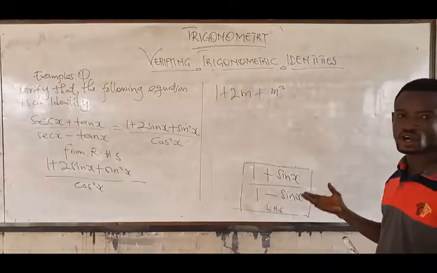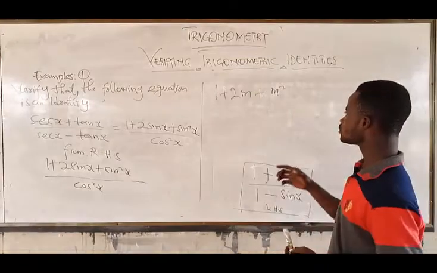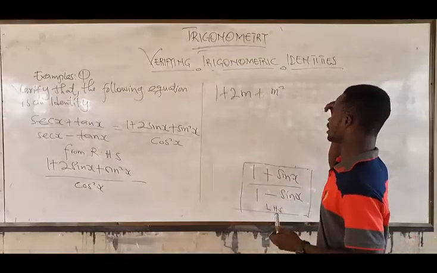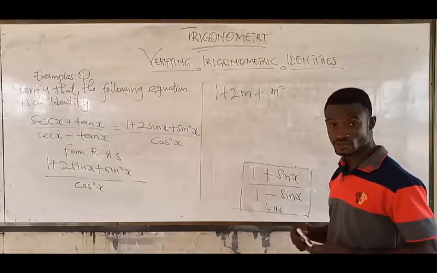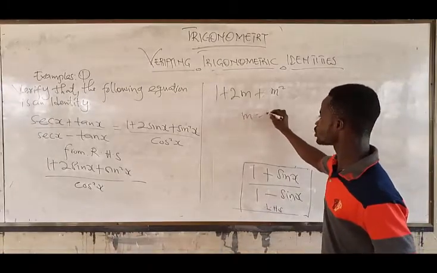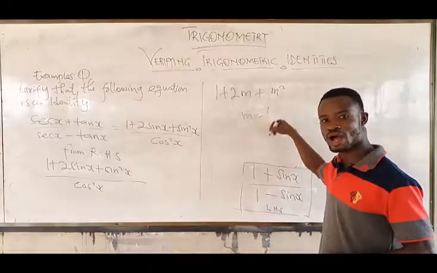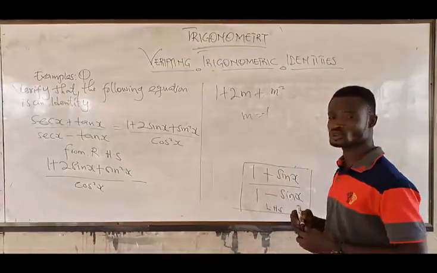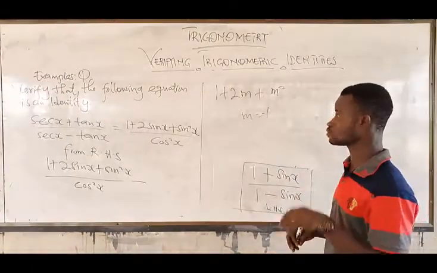When you do this on the calculator, you are going to get m equal to negative 1. You get only negative 1.